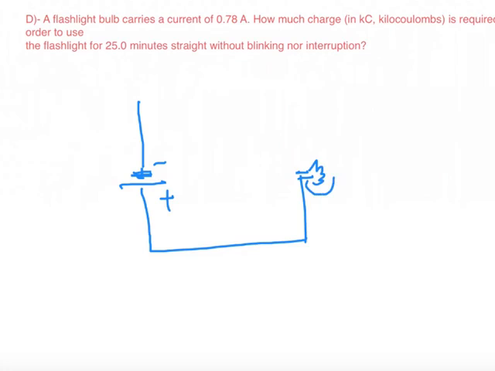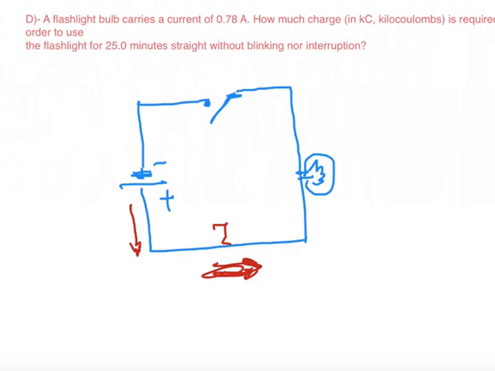This is the lamp of the flashlight, and we always put a switch, because we need a switch to cut off the current or to turn it on. The electric current direction is always going out of the positive terminal, in this direction, and closing to the negative sign.